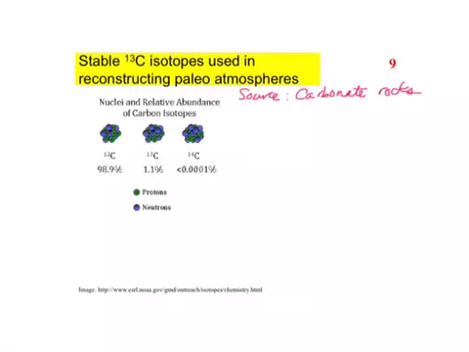When we're doing this dating on carbonate rocks, we're really looking at the carbon-13 concentrations. And the way this works is that there are certain processes that lead to what's known as fractionation of isotopic ratios. Fractionation is a process that changes isotopic ratios away from their global average.